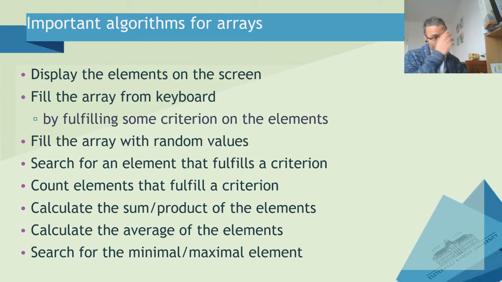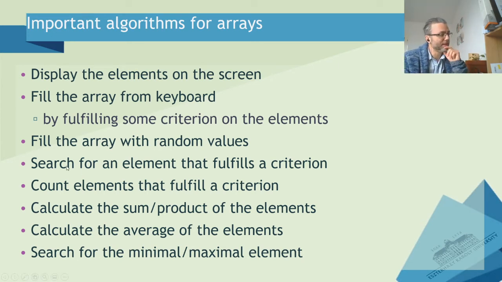Okay, so today I'm also going to talk about the background of generating random numbers. So this is cool. Or typically you have to search for an element in the array. For example, you are looking for positive elements or even elements, or you are looking for strings whose length is greater than a given value or something like that.